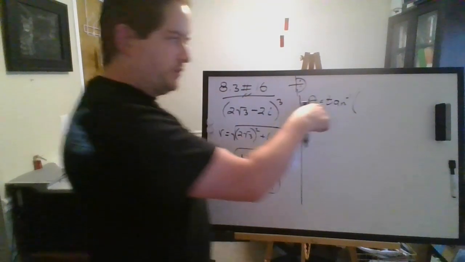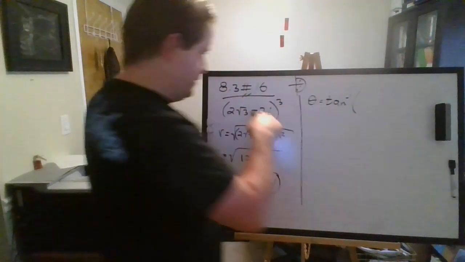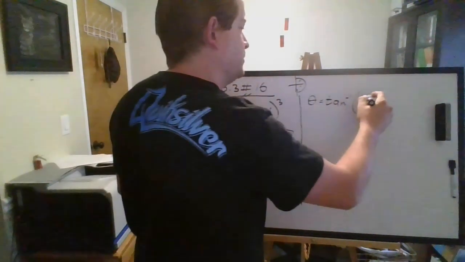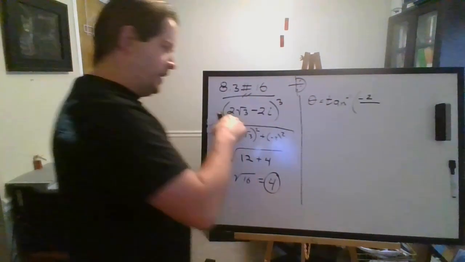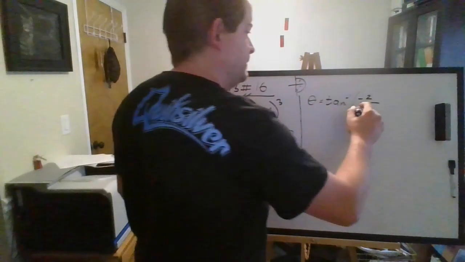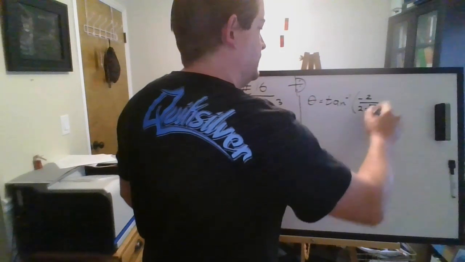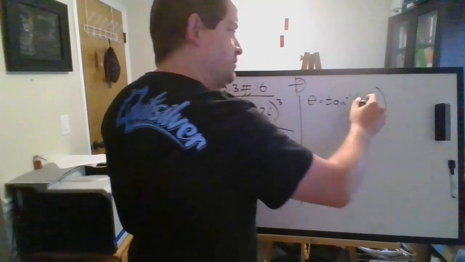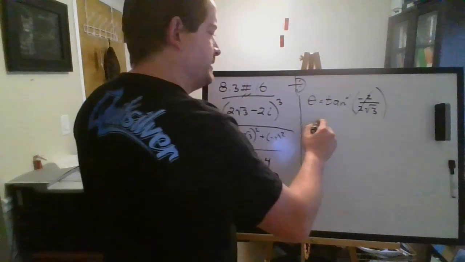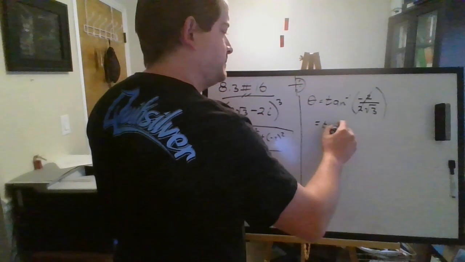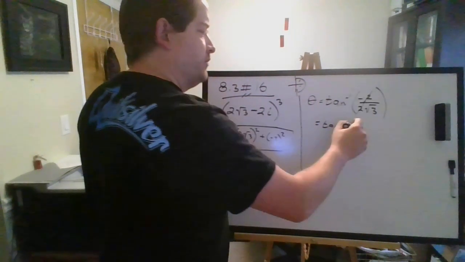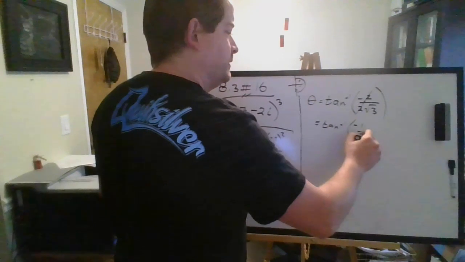Right? So I've got tan inverse of negative 2, the y value, divided by 2 root 3. If I simplify, my 2's cancel out, so this gives me the tan inverse of just negative 1 over root 3.